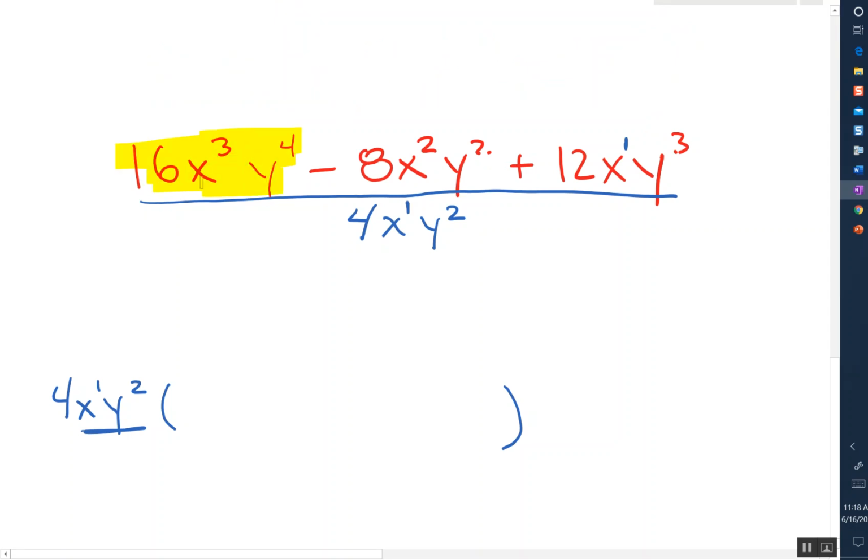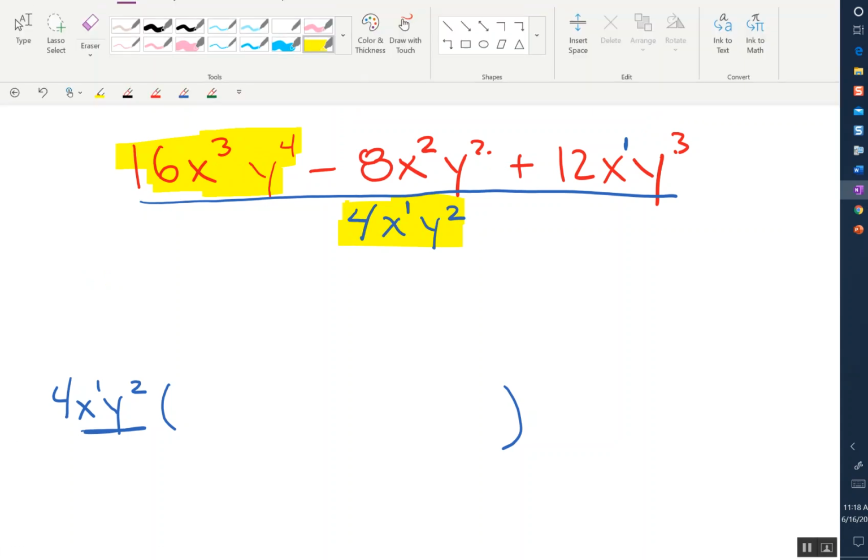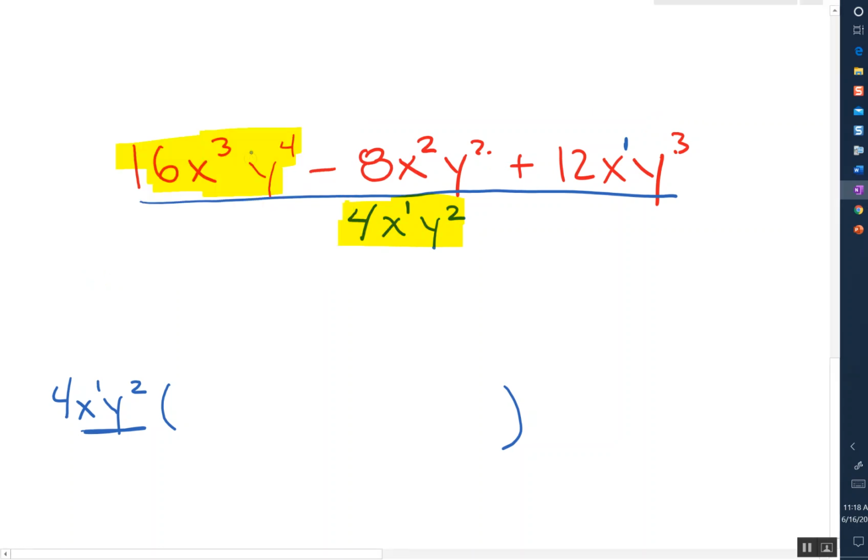I'm going to divide this and this. So 16 divided by 4 is 4. If I look at my exponents for x, it's going to be 3 minus 1 is 2, so it's x squared. If I look at my y's, it's going to be 4 minus 2, so it's y squared.